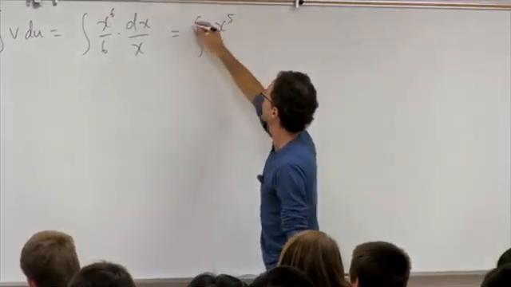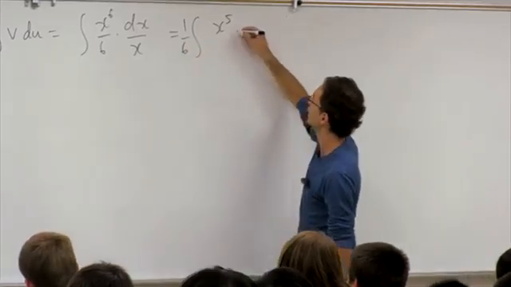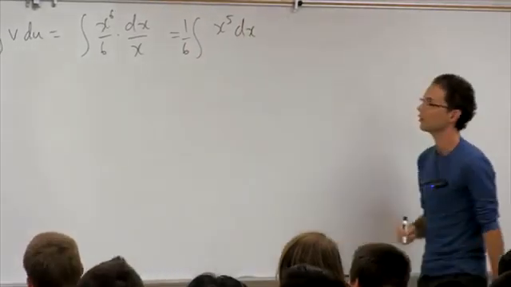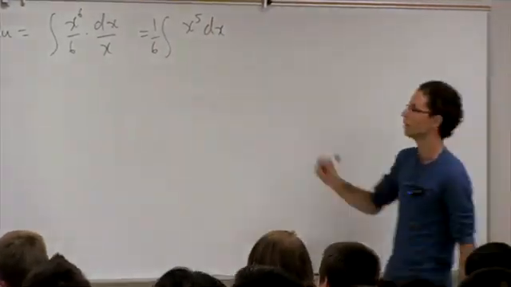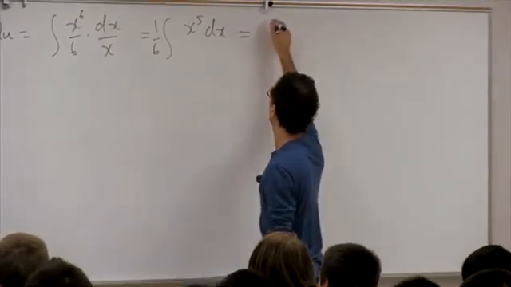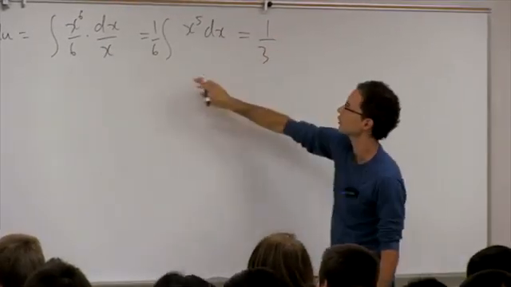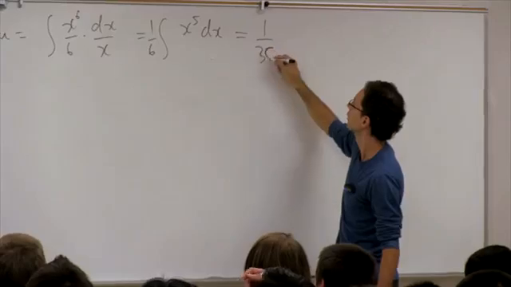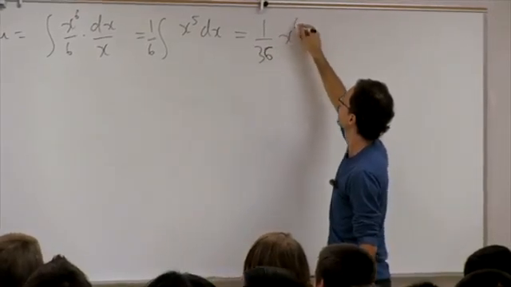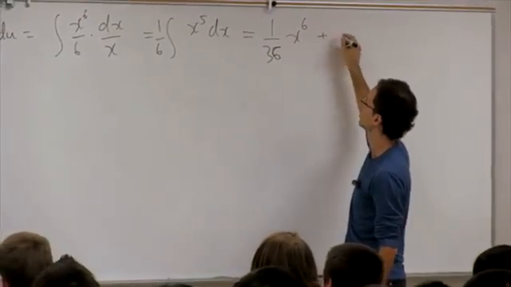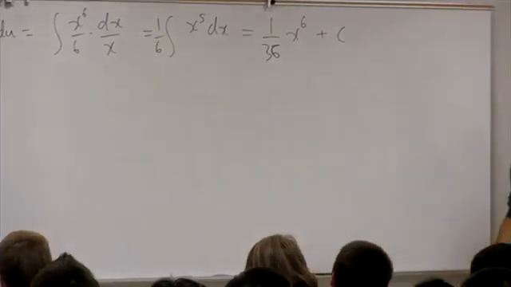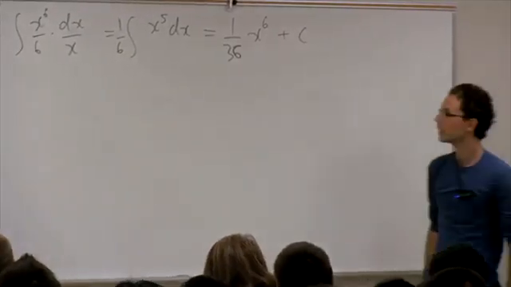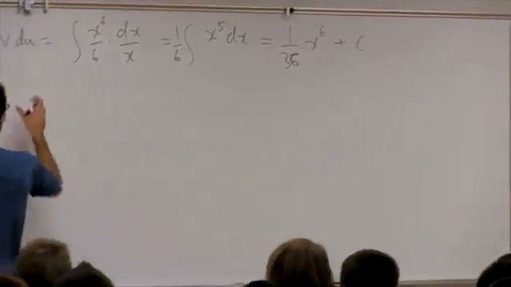We pull the 1/6 outside, and you're integrating x to the fifth. This is now routine. You just get 2 factors of 1/6, and you have x to the 6. Oh, wait, I'll write plus c here. OK, and that's the answer to the third part.